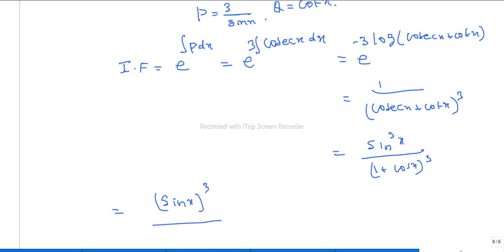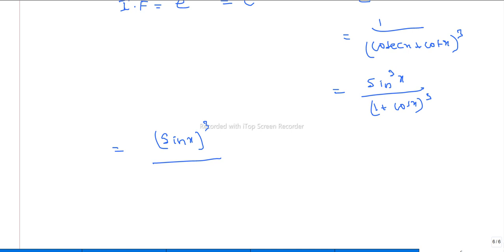Now 1 plus cos x is nothing but 2 cos square x by 2. We know the formula cos square x is 1 plus cos 2x by 2.